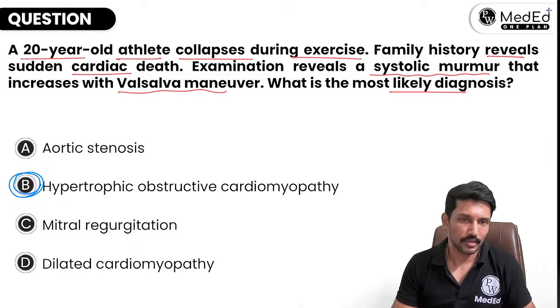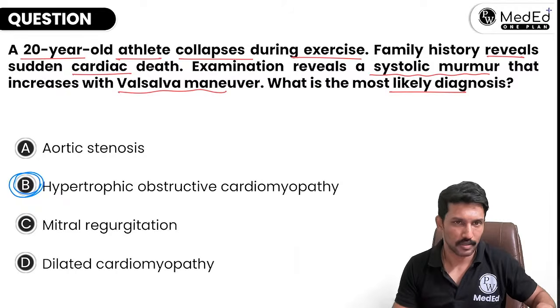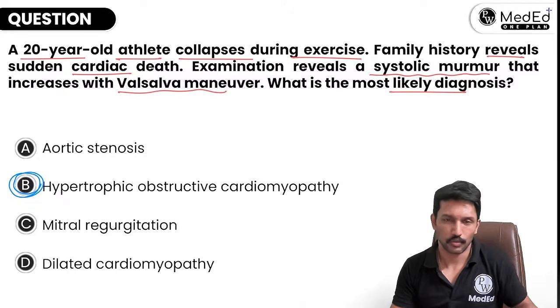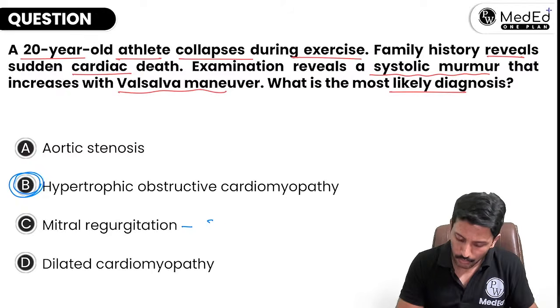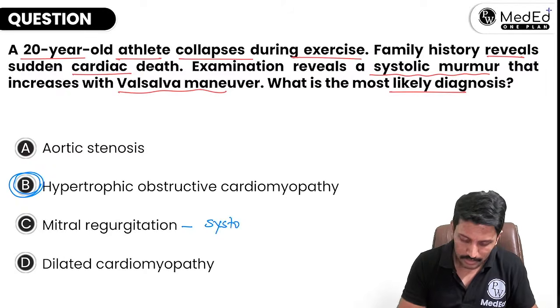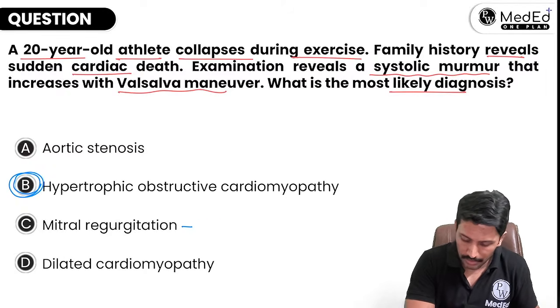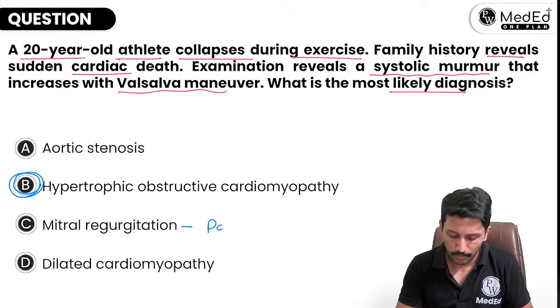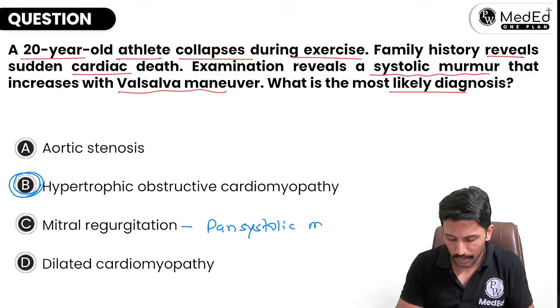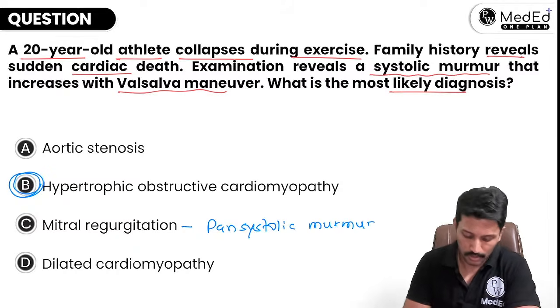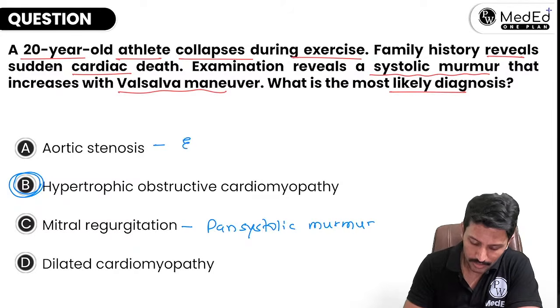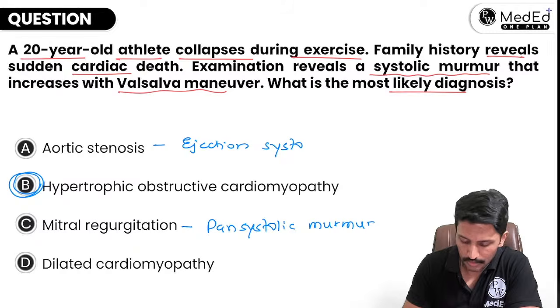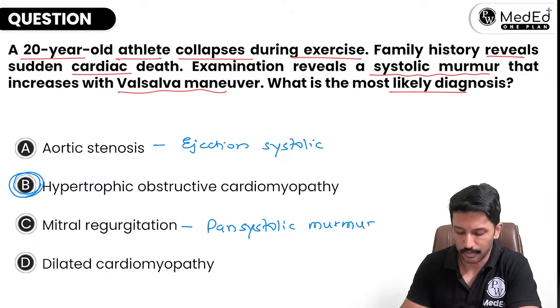Okay, why not dilated cardiomyopathy? Why not mitral regurgitation? Why not aortic stenosis? Remember, I have given you a table of murmurs. MR is a condition where you get a systolic murmur, a pan-systolic murmur. Aortic stenosis is also a systolic murmur, an ejection systolic murmur.